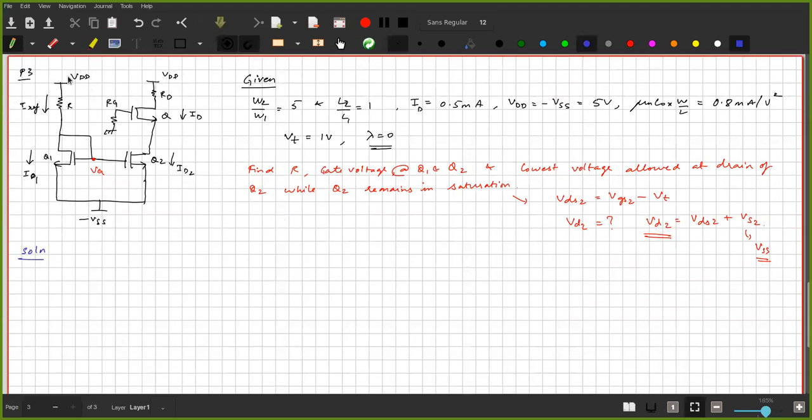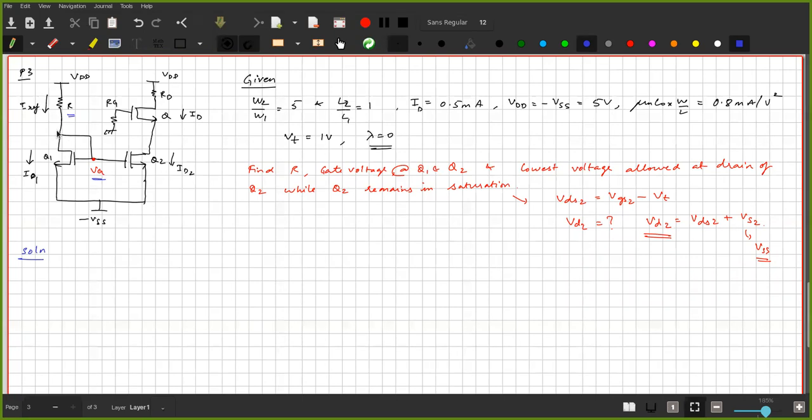Right. So he is asking you to find the value of R and the gate voltage VG. Remember, the gate voltage of Q1 is same as gate voltage of Q2, obviously, because both of them are parallel.